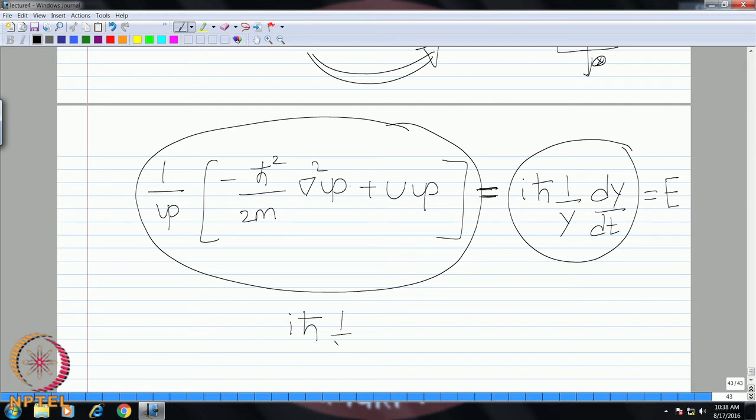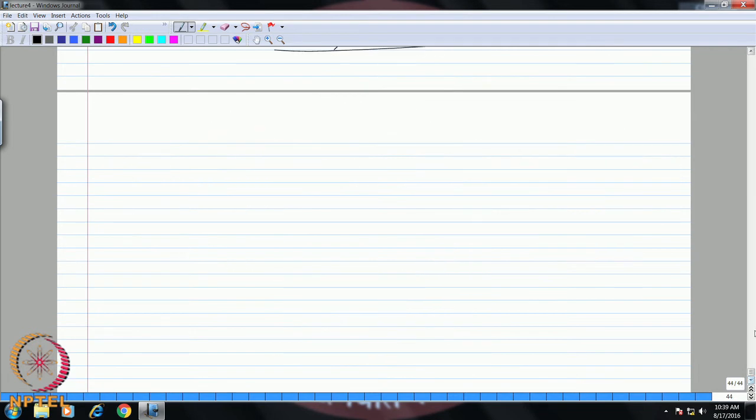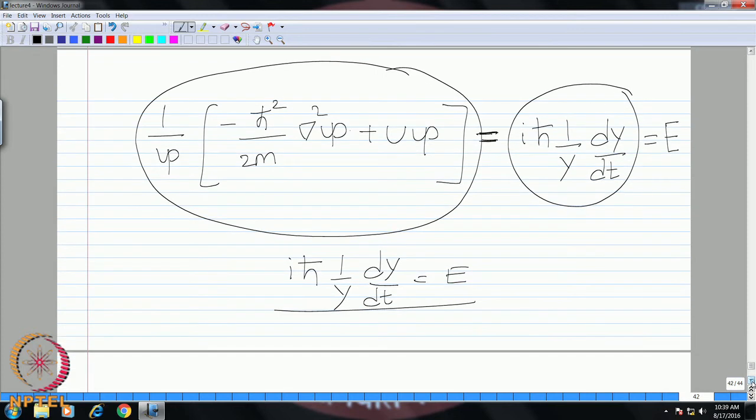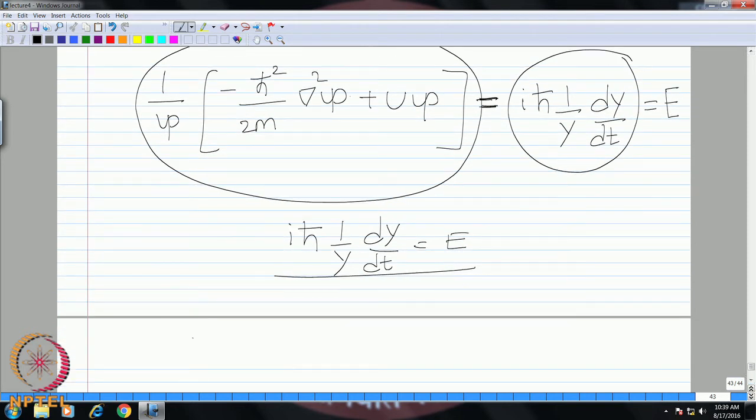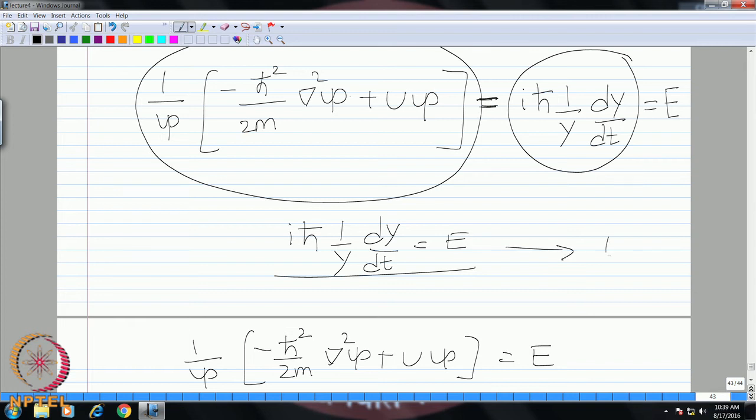The first ODE with respect to time is this, and the second ODE with respect to space is this. So, the PDE is separated into two ODEs.